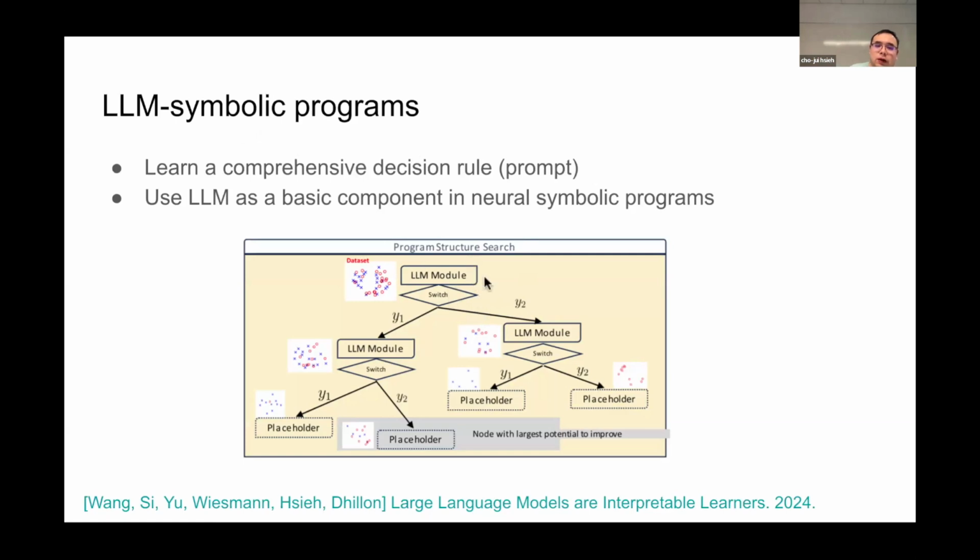So we have a tree, and each node is a prompt, and you make a decision by passing this prompt to the LLM to decide whether you want to go left or go right. So this is a decision tree, but each node is an interpretable prompt where you can understand why you go left or go right at each node.